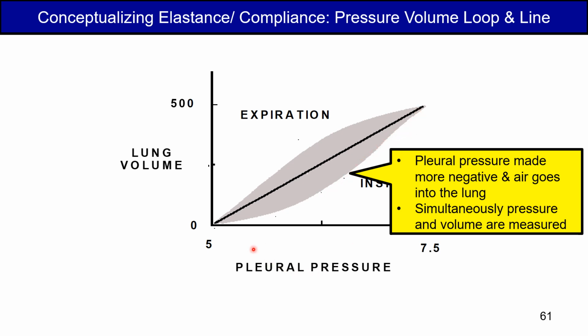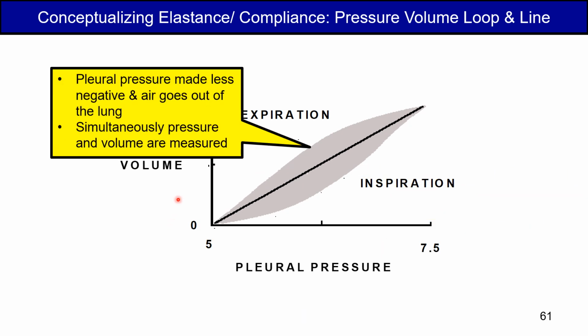Simultaneously, we measure pressure and volume. In this part of the pressure volume loop, the pleural pressure is made less negative and air goes out of the lungs. Simultaneously, pressure and volume are measured.